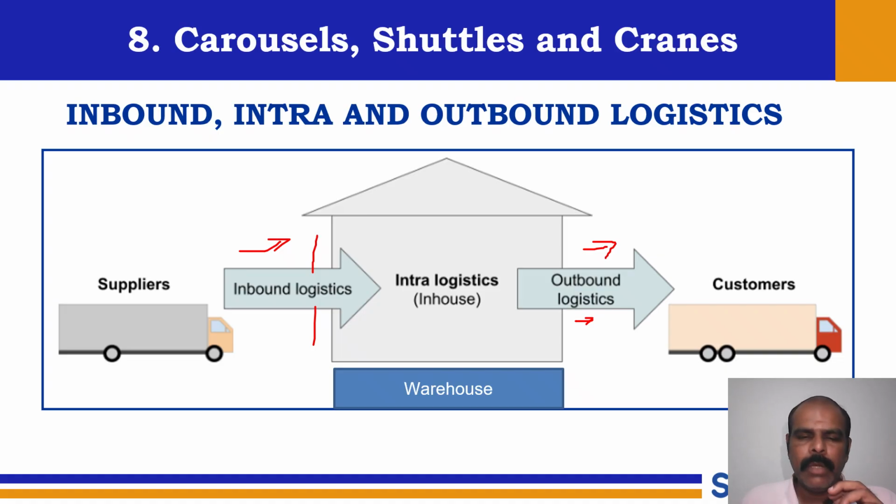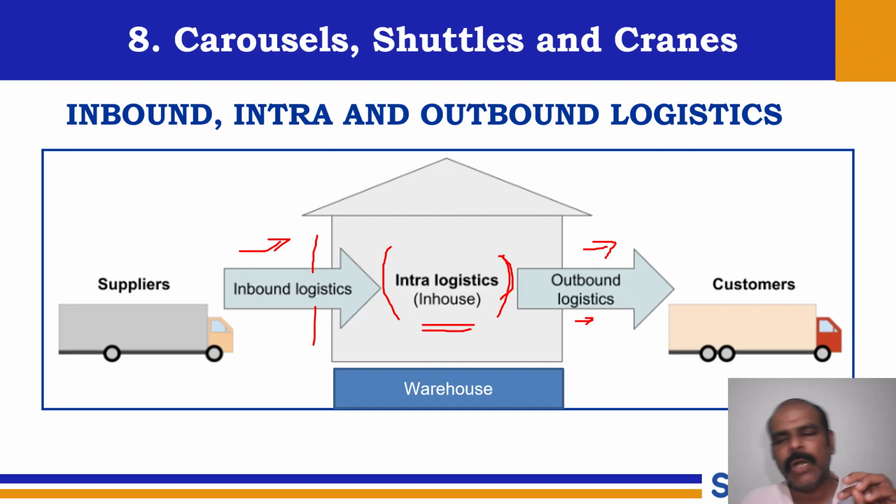Now our main focus here is that we are going to automate this particular area, that is intra logistics. Within the boundary of the warehouse we need to automate. That is our core focus. The material handling system we are going to discuss is going to play a very crucial role only in the case of intra logistics, definitely not in inbound and not in outbound.